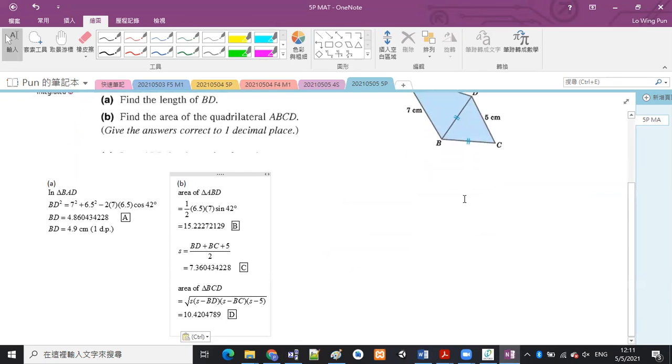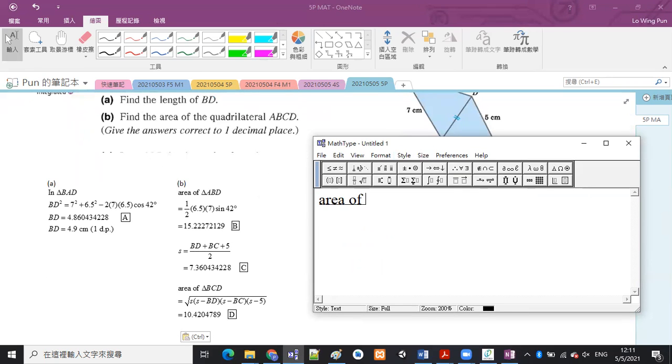Finally, to calculate the area of the whole quadrilateral ABCD, we just need to add the memory B and memory D together. So the area of ABCD is equal to this 15.222 plus 10.4204789. So that will be memory B plus memory D. Should be 25.6, right?